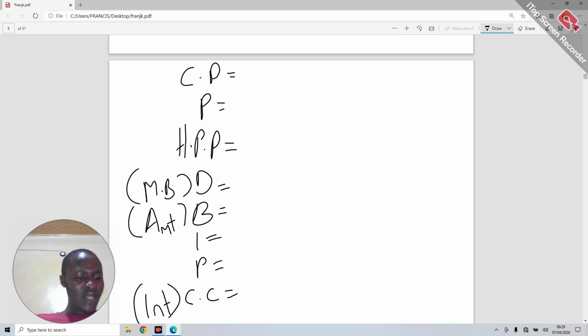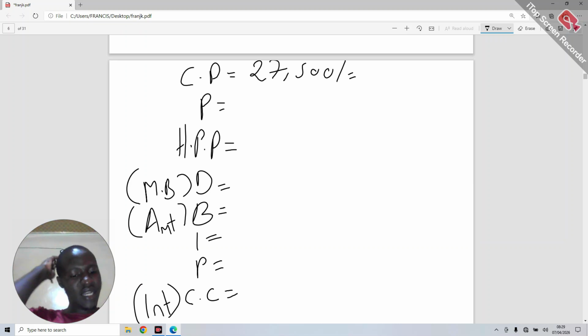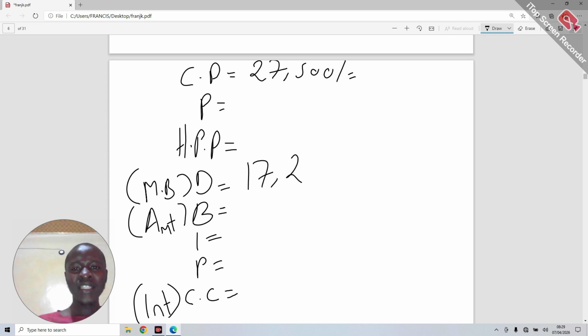So let's read the question as we fill out the gaps that are there. The cash price of a cooker is 27,500 shillings. We have our cash price here, guys. So that one is 27,500 Kenyan shillings. A customer opts to buy the cooker on hire purchase terms by paying a deposit of 17,250 Kenyan shillings.